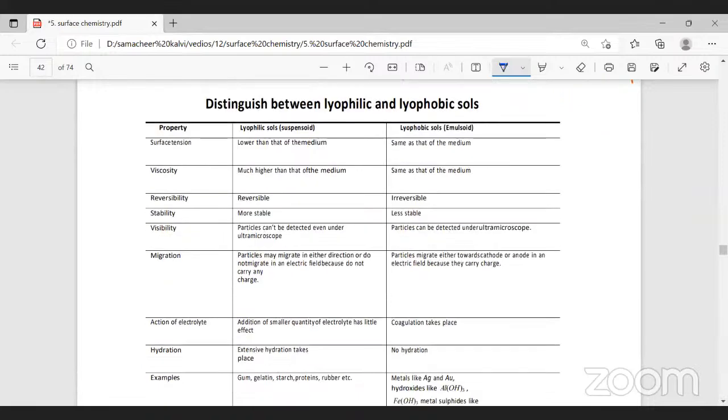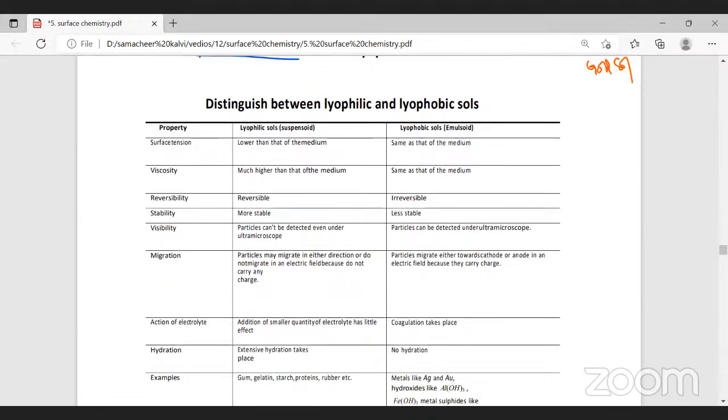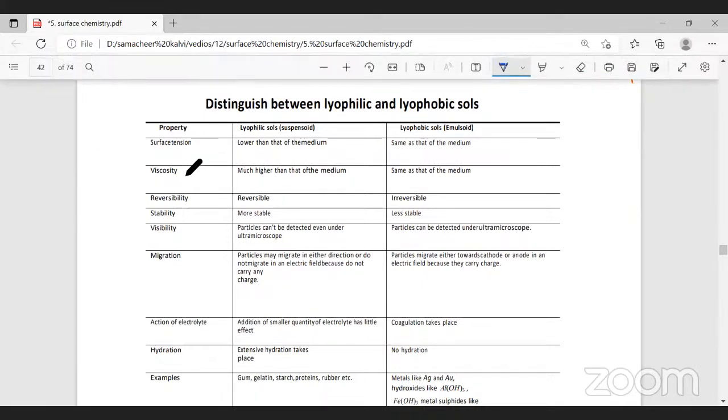Now, the difference between lyophilic and lyophobic colloids. So many differences are there. Few differences, if you can remember, that will be good. Now, surface tension. In case of lyophilic colloids, lyophilic sols, surface tension is lower than that of the medium.